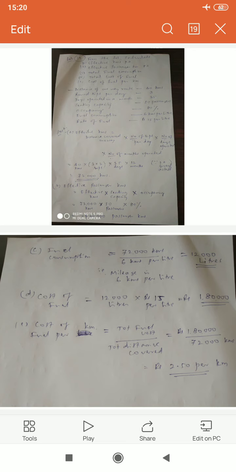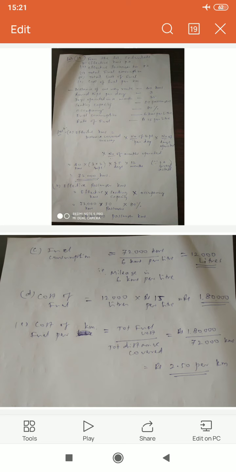Thereupon, the third requirement is total fuel consumption. So now, how about the total fuel consumption? It is specifically given in the problem that the vehicle consumes fuel at 6 kilometers per liter. When the vehicle consumes 1 liter of petrol or diesel, it covers a distance of 6 kilometers.